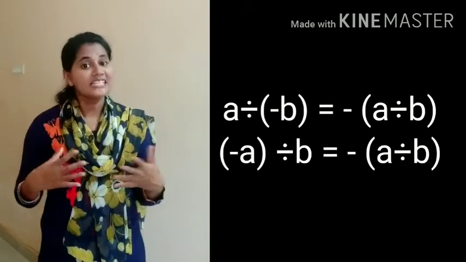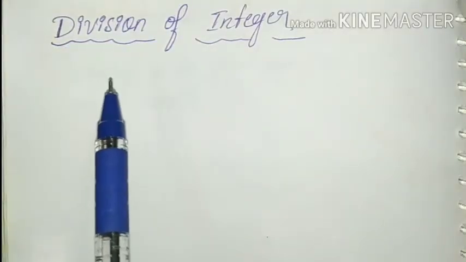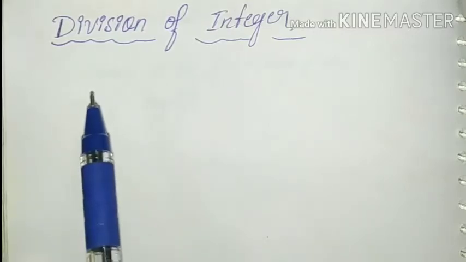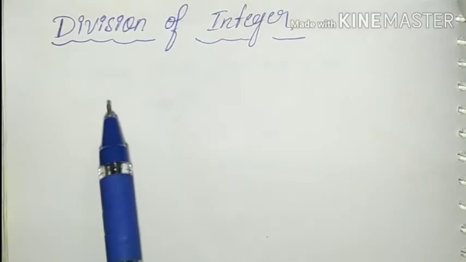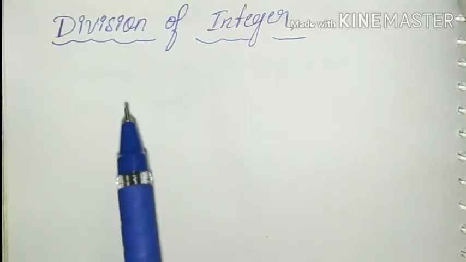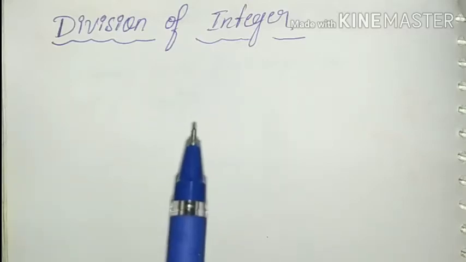Okay, let's see some examples in my explanation zone. Division of integers. The first case is when we divide a negative integer by a positive integer or a positive integer by a negative integer: first divide them as whole, then put a minus sign before the quotient.